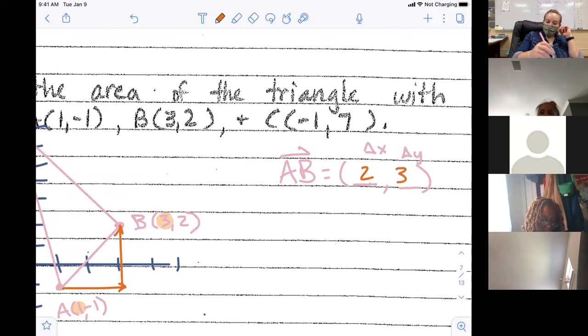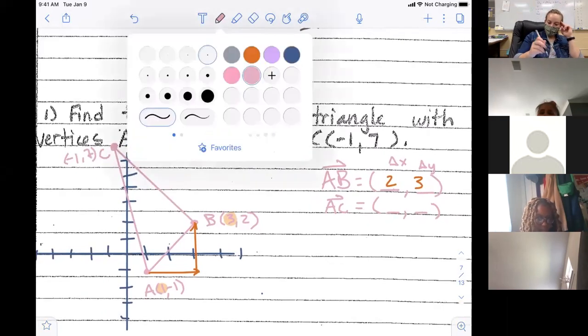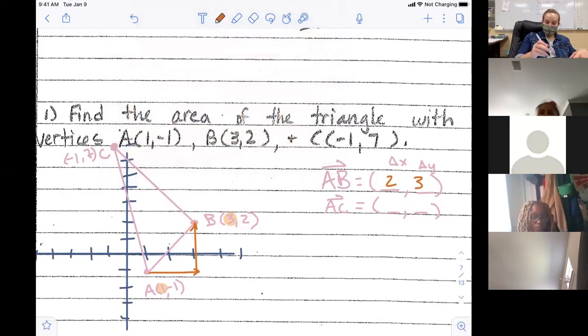We're going to do the same thing now with our direction vector from A to C. So pick one point and do the direction from that one point to both of the other points, and that will help us find this area. So now I'm going from A to C. A's x was 1, and then C's x is -1.